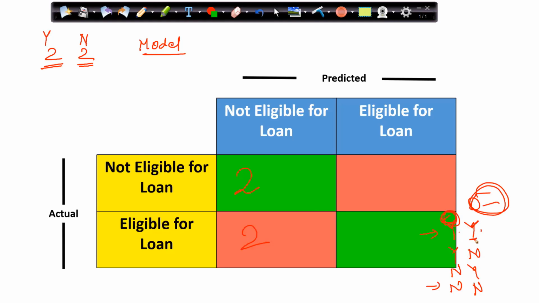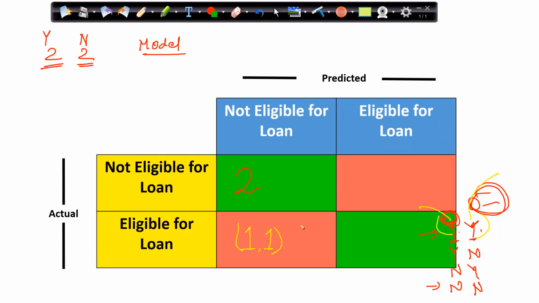This guy is getting the loan, and this guy is getting the loan. So I will remove this and put 1, 1. That is one pair which is getting the loan as per the actual data, and also getting the loan as per the predicted data.